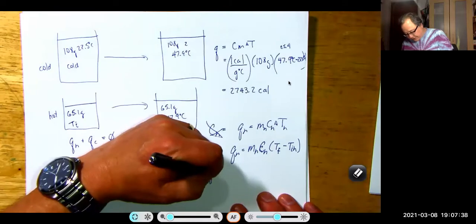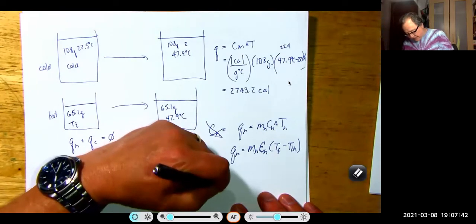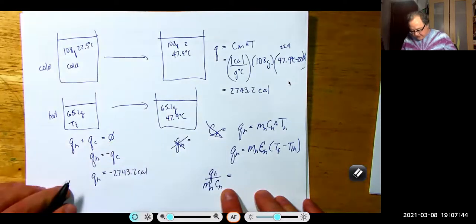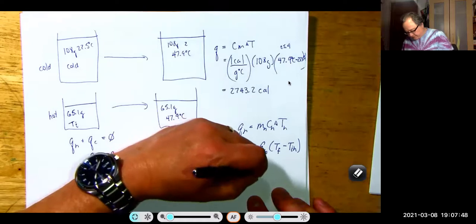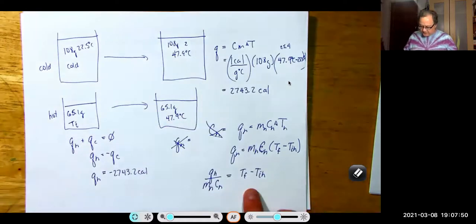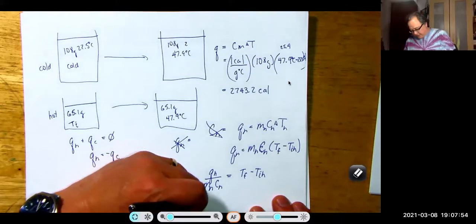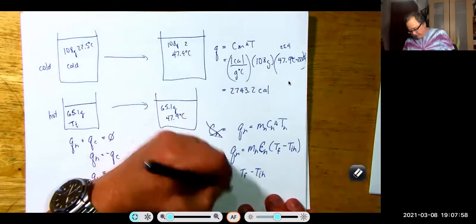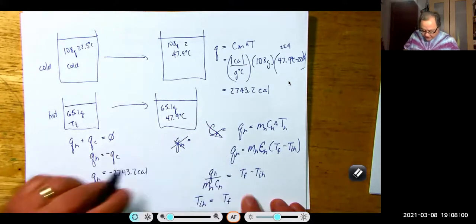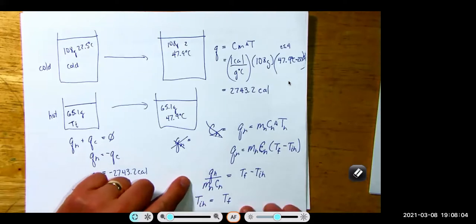But let's do this. Q of the hot divided by mass of the hot divided by specific heat capacity of the hot is equal to T final minus T initial. Does that look good? Okay, and then T initial of the hot is going to be T final, and I take this to the other side, it becomes negative.